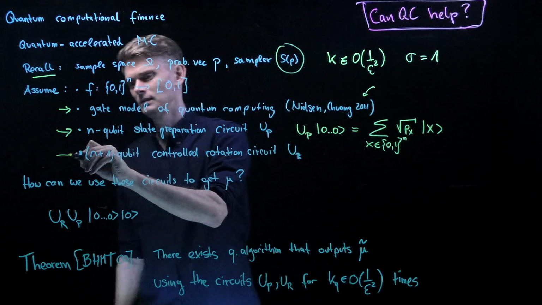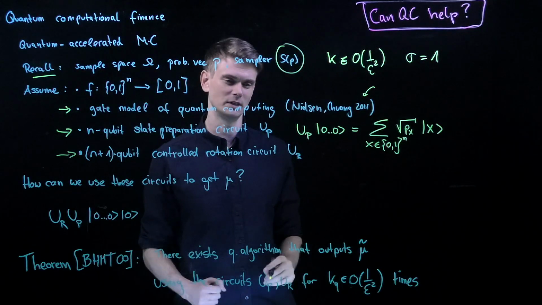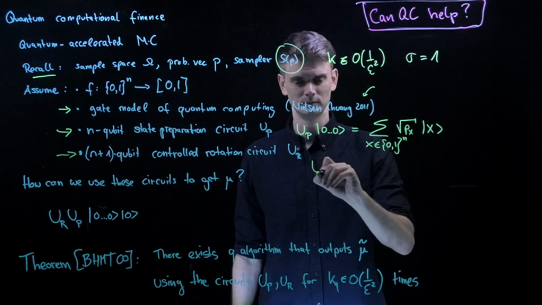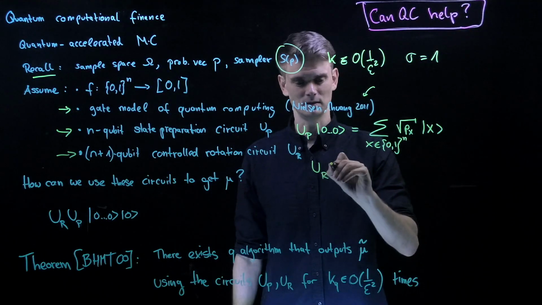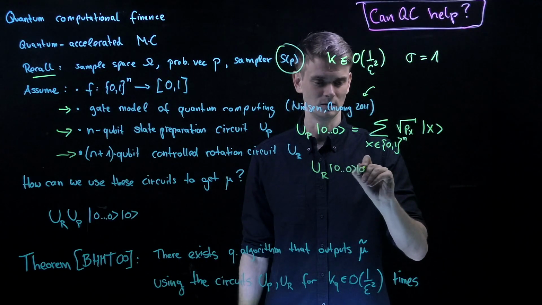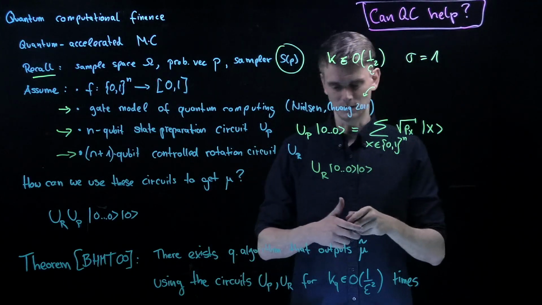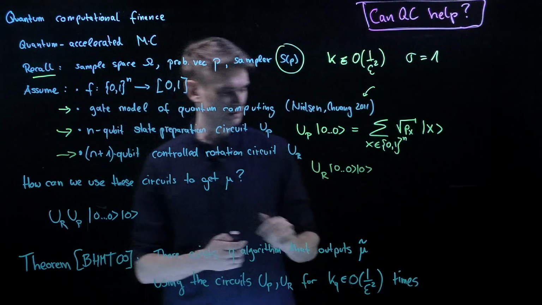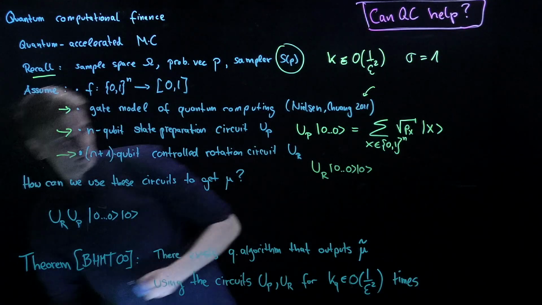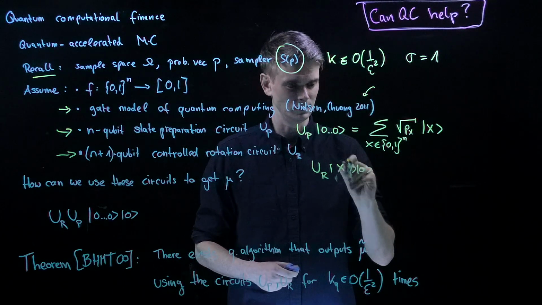Secondly, we have an n+1 qubit controlled rotation circuit. What can that circuit do? As I said, it's n+1 qubits, so we have our n qubits and also another one. Say these n qubits are in some state x.